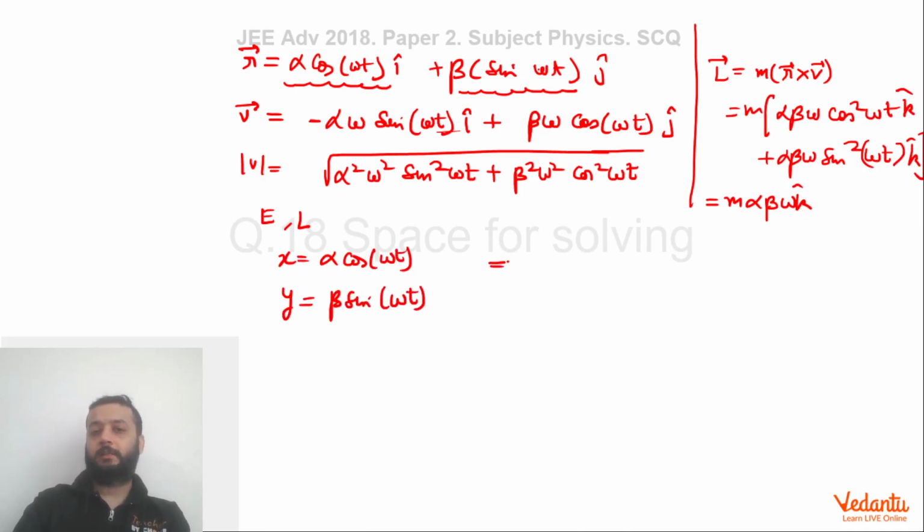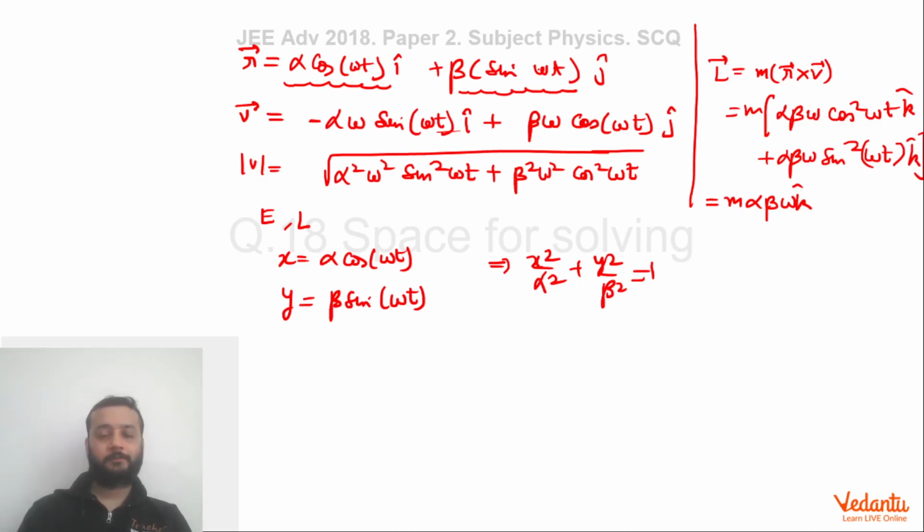So x square by alpha square plus y square by beta square is 1. So this is an ellipse. This is substantiated by the fact that this is the superposition of two SHMs which are phase shifted by an angle of pi by 2, and their amplitudes are alpha and beta. Alpha is the amplitude along the x-axis and beta is the amplitude along the y-axis. So overall motion comes out to be elliptical in nature.